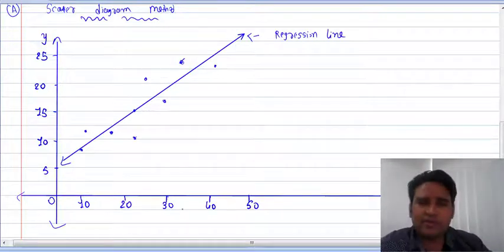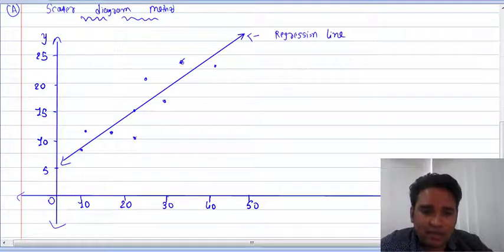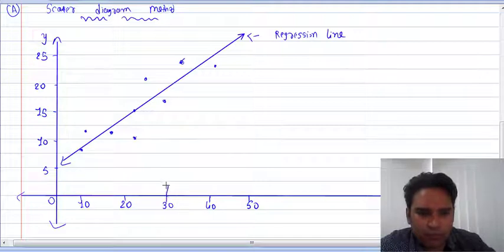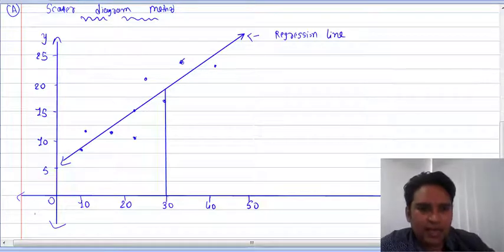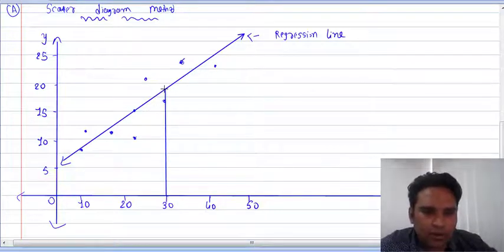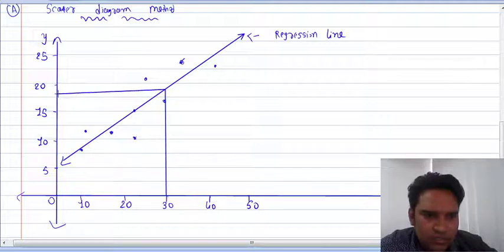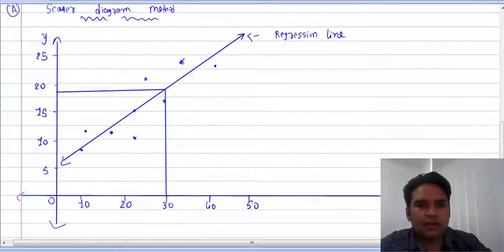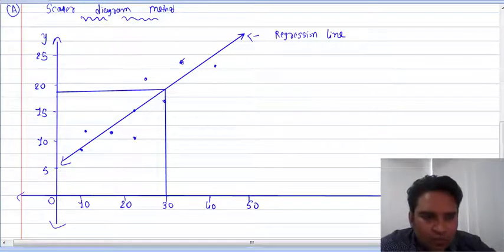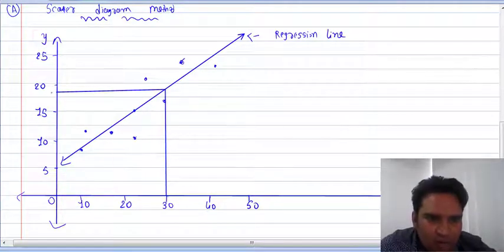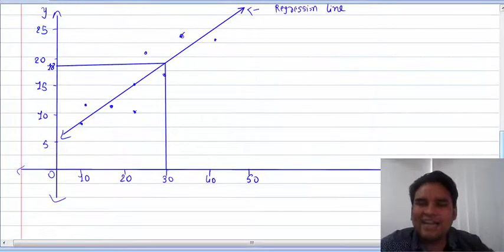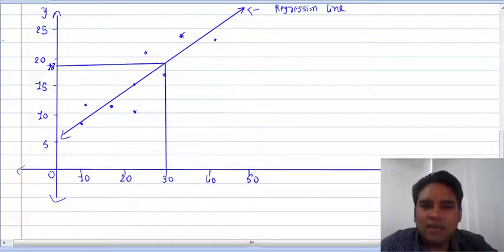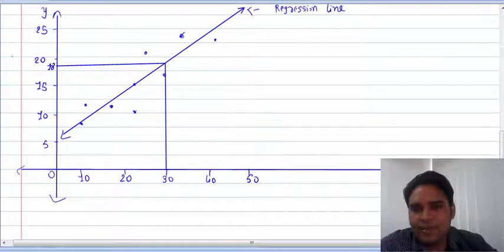Now if I want to estimate the value of Y when X is 30, I draw a perpendicular from here to the regression line, and then draw another perpendicular from there to the Y axis. You can see the estimated value comes to around 18. So when X is 30, I get the value of Y as 18.